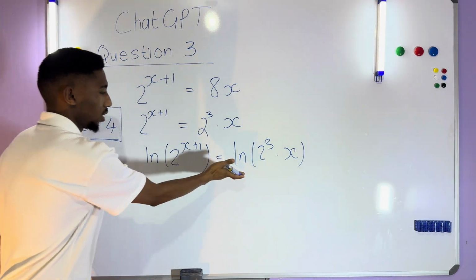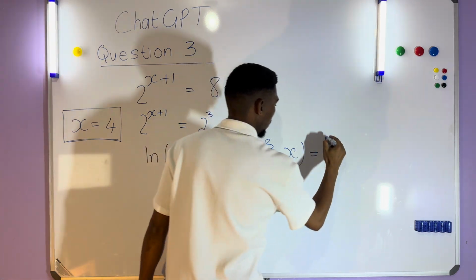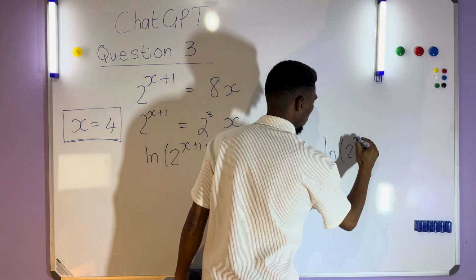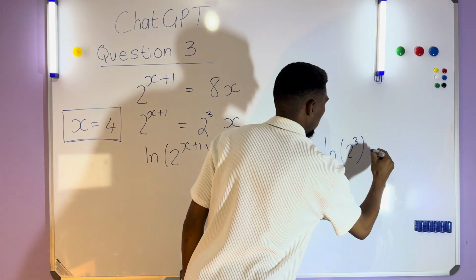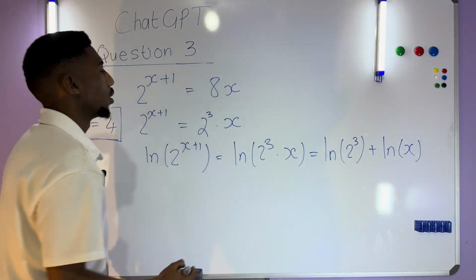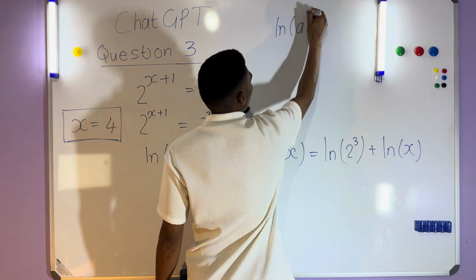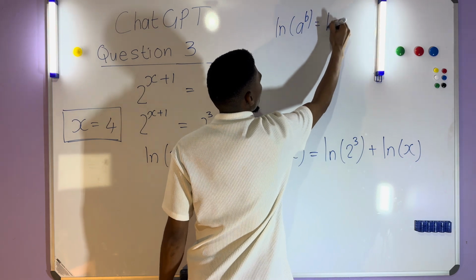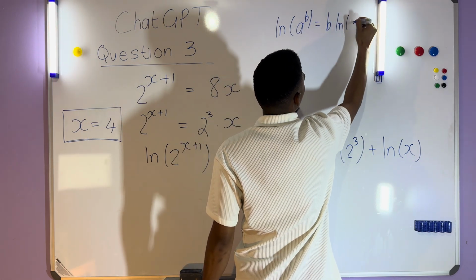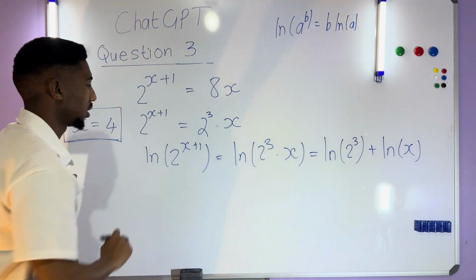We know the logarithm rules state that ln a to the b is equal to b ln a. So we can take the exponent and bring it down.